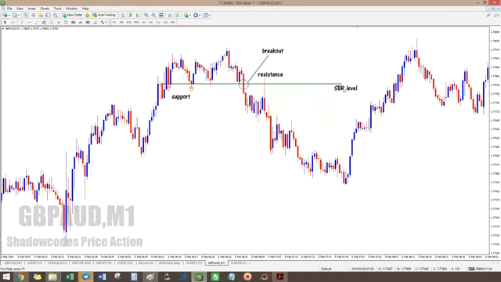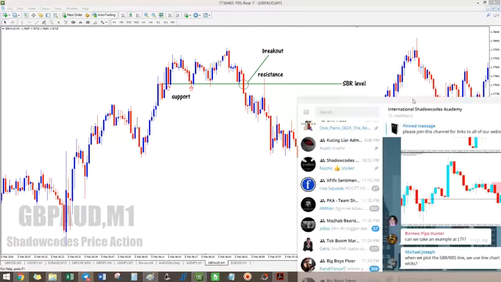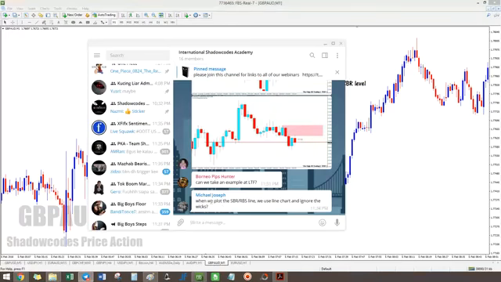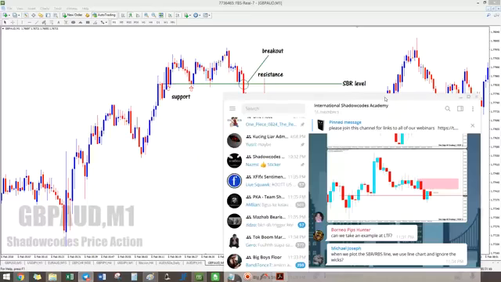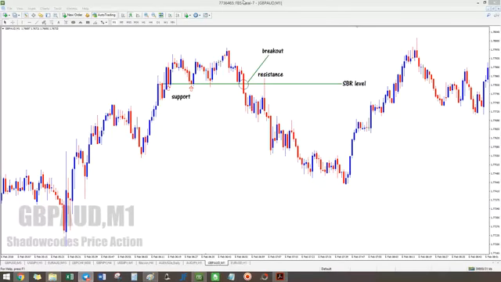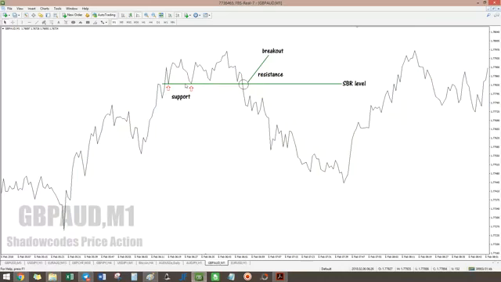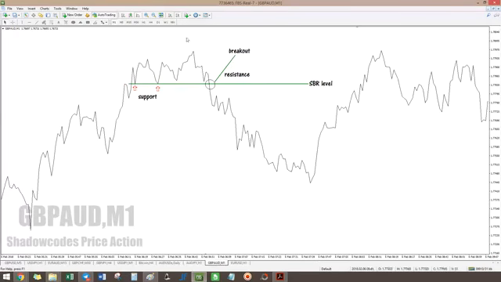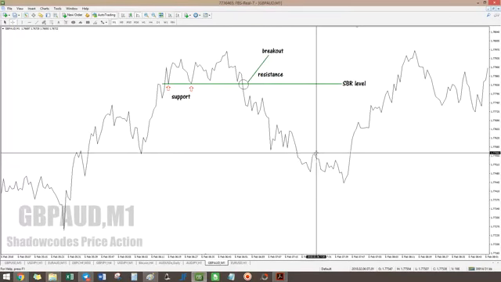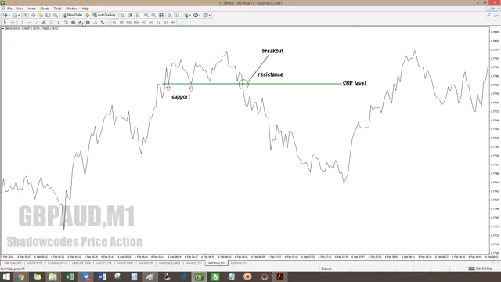Okay, Michael asked a question. When we plot the SBR RBS line, we use the line chart and ignore the wicks. Yes, correct, we use the line chart only. We look on the left, not on the right. You will not mark it like this.